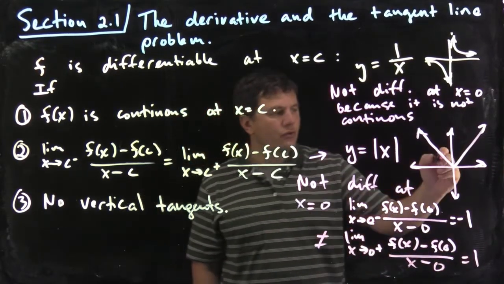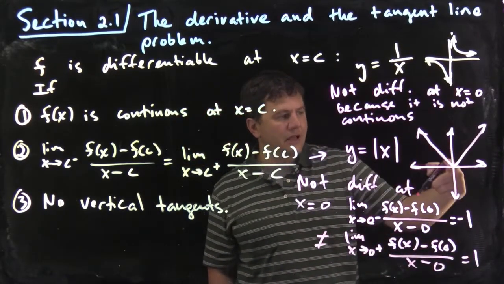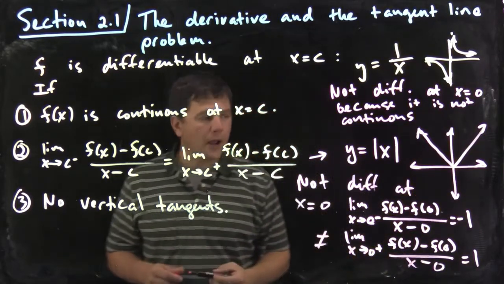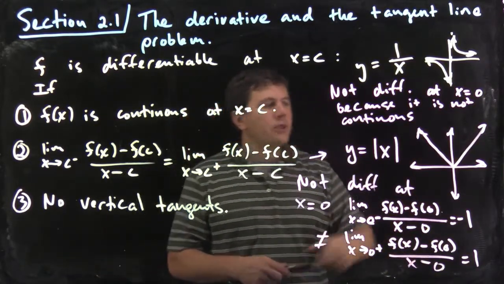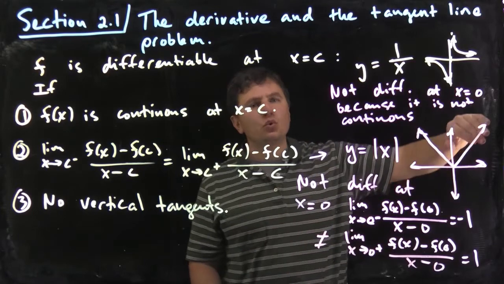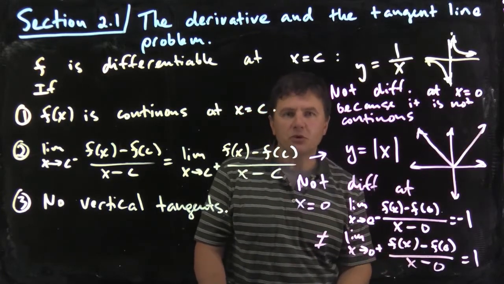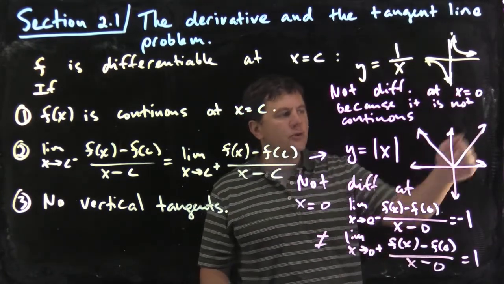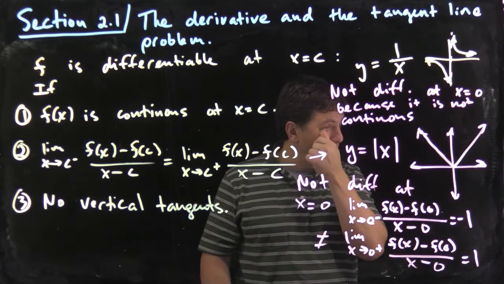So the limit of the derivative from the left, the slope from the left essentially, does not match the slope from the right. Another way of saying this is a curve must be smooth in order to be differentiable at a particular point. If it has sort of a sharp turn or a jagged edge, it would not be differentiable.